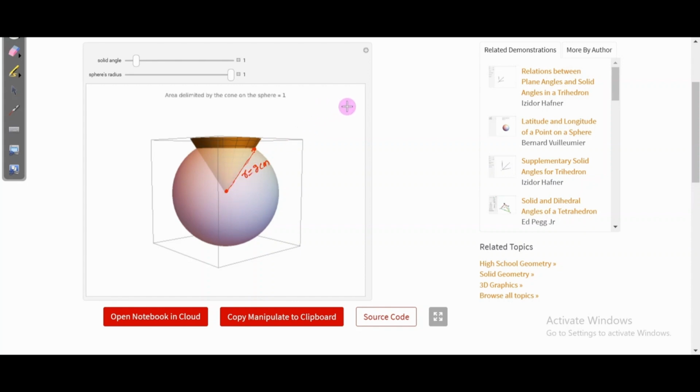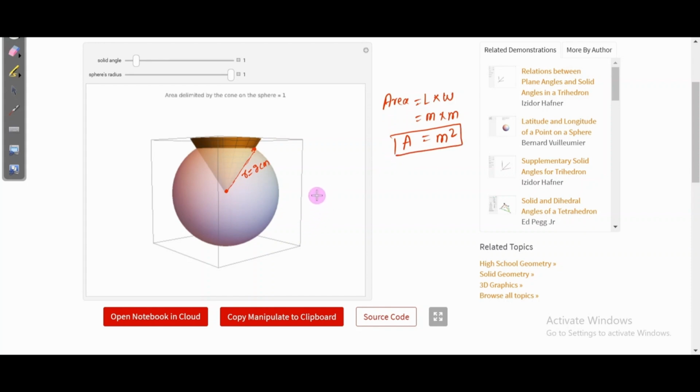In order to know how much one steradian is, we will take some area. Area is equal to length multiplied by width. The unit of the length is meter and the unit of the width is also meter, so the area is in meter square.